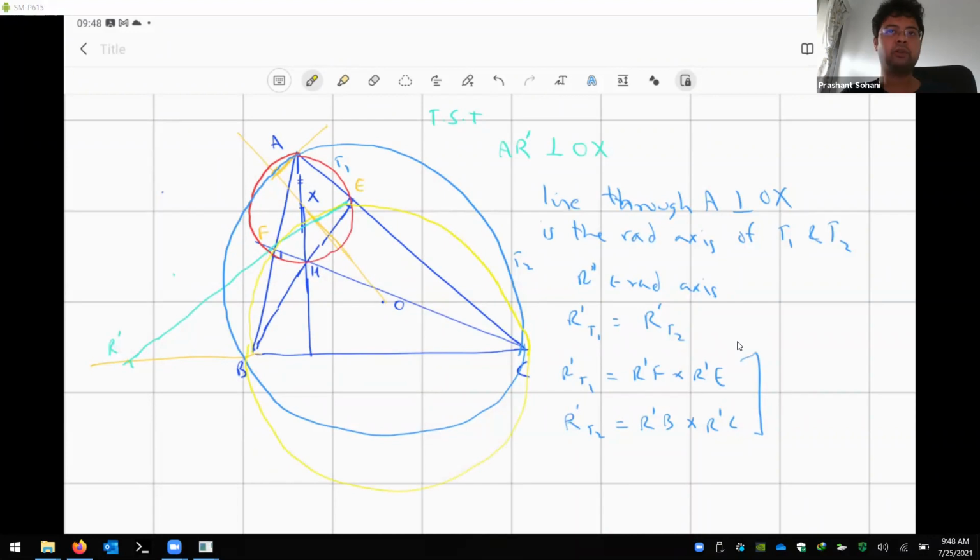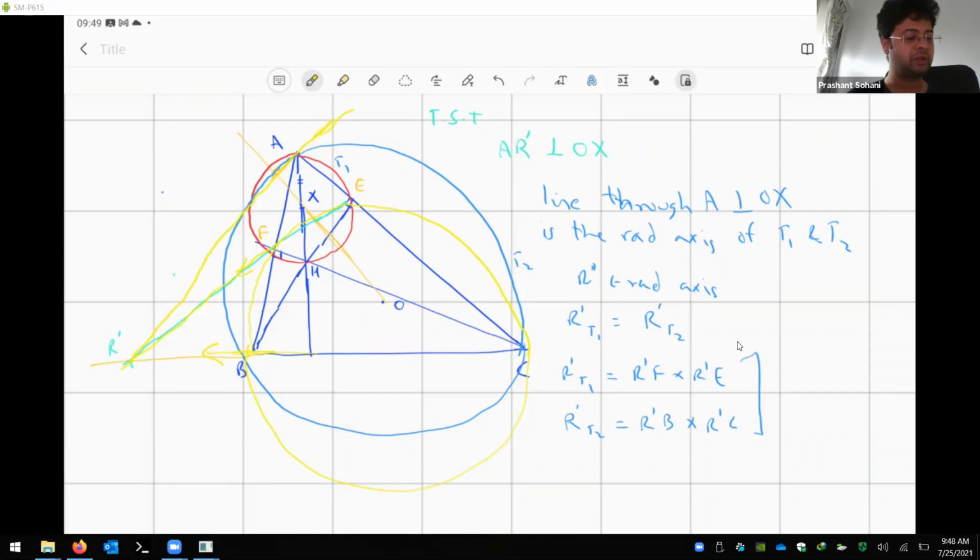Basically what you're really seeing is R dash is the radical center of all these three circles. It lies on each of the pairs of radical axes, because the radical axis of the yellow and the blue circle is line BC, the radical axis of the red and yellow circle is line EF, and the radical axis of the red and blue circle is this line L. So all these three lines are in fact concurrent at point R dash, which again is a property we have studied before.